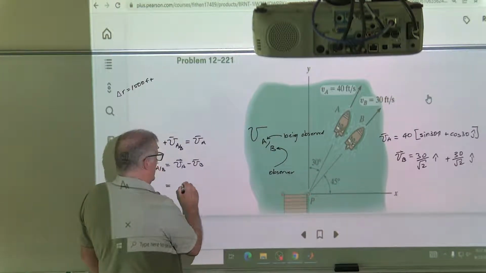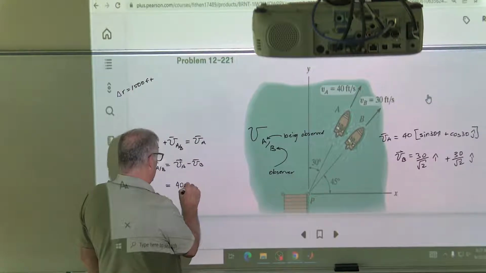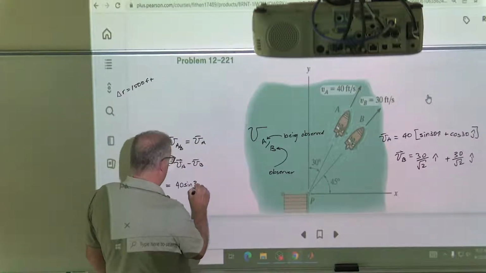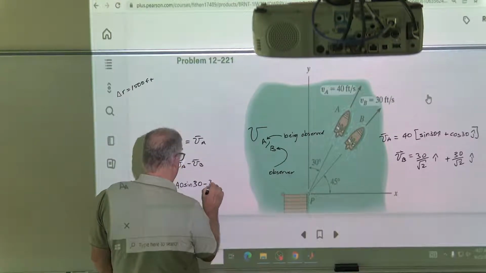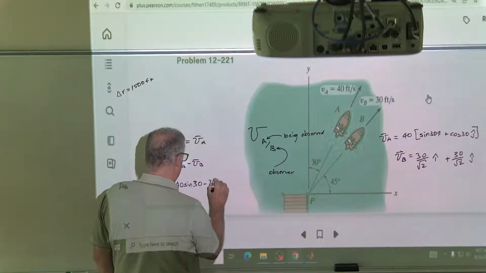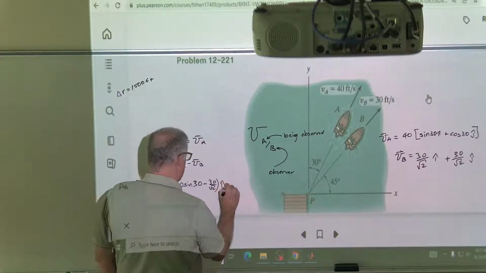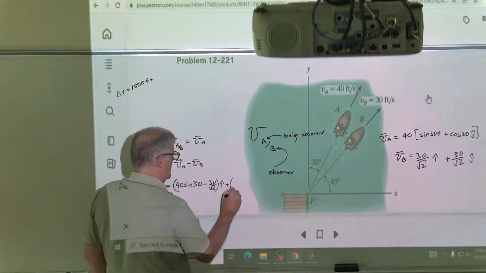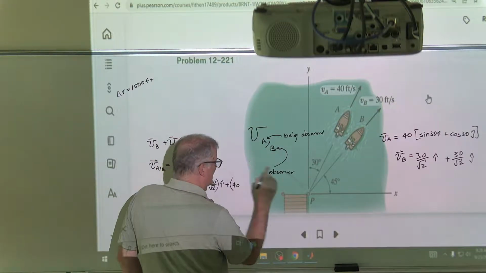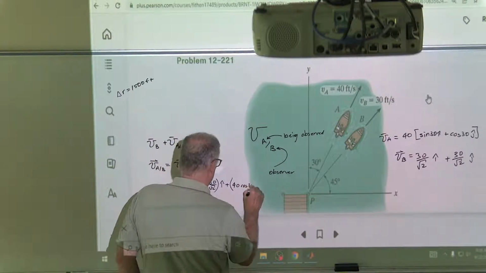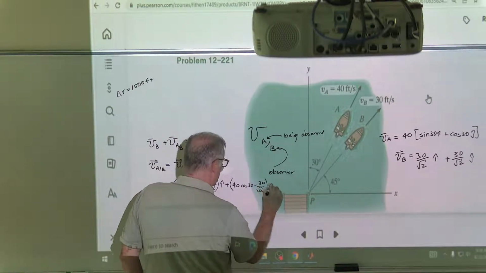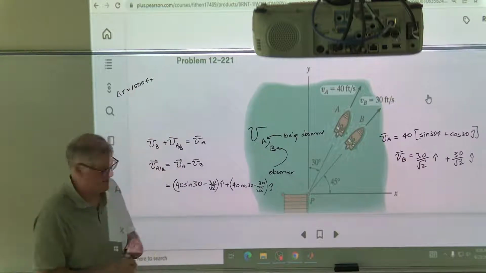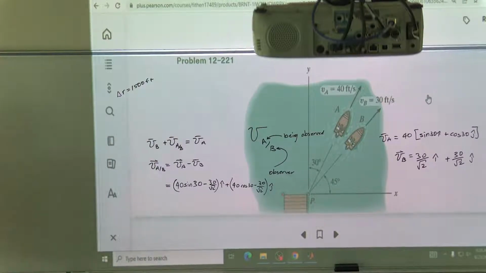So velocity A, 40 sine of 30, okay, minus 30 over square root of 2. This will be I, and then I'll just go ahead and 40 cosine 30 minus 30 over square root of 2 and a J. So just out of curiosity, for my own curiosity, I'd like to see what that is.